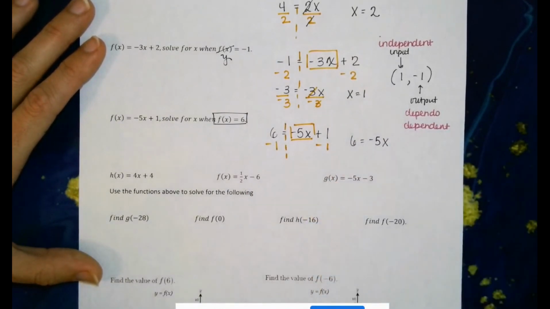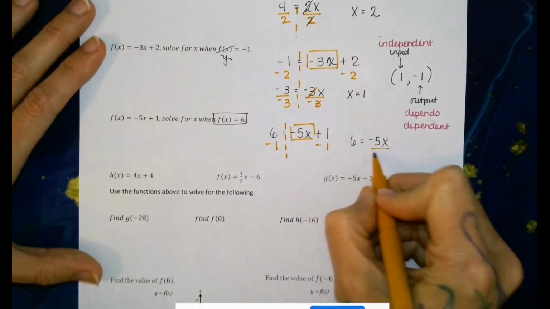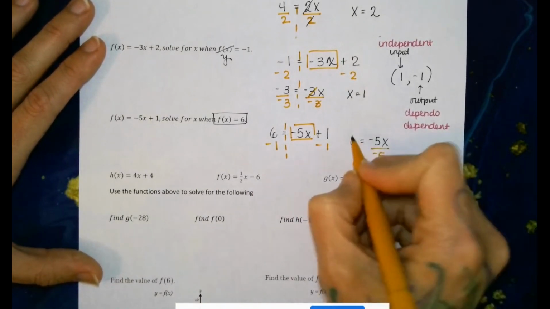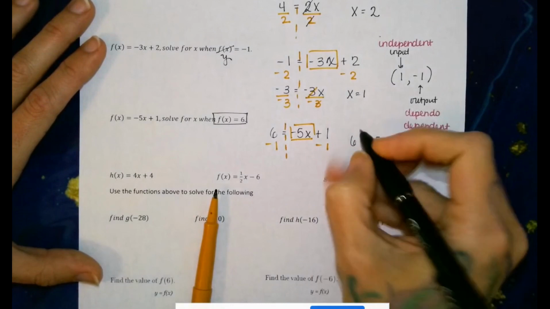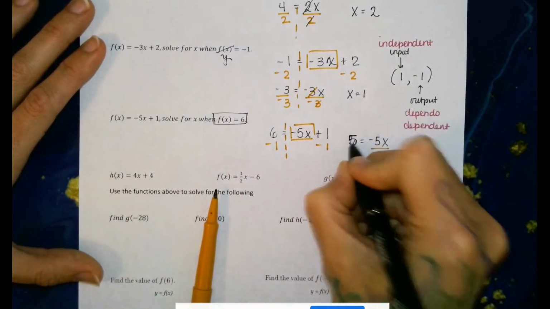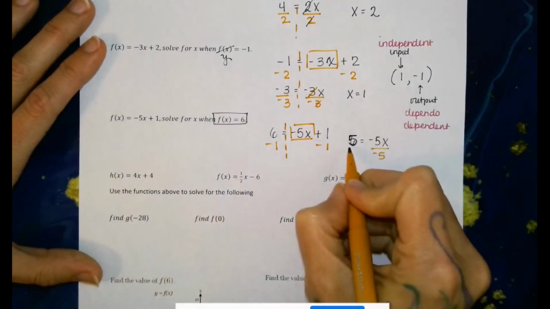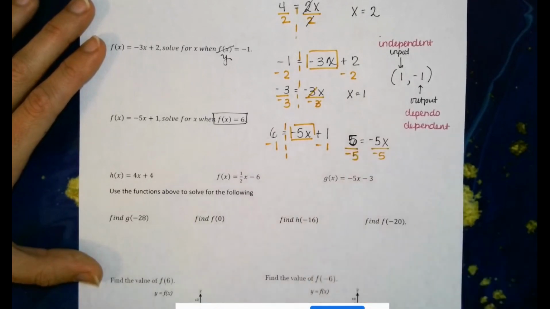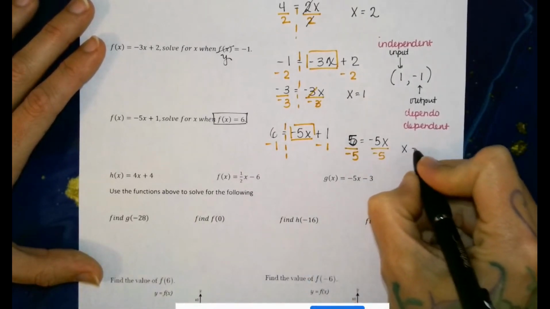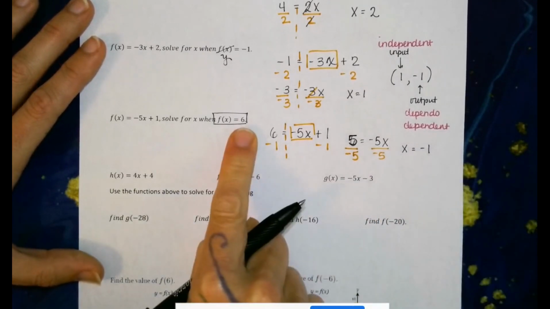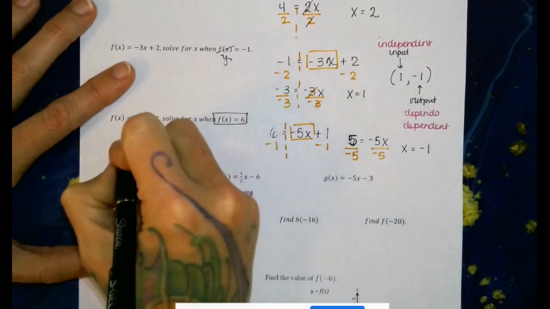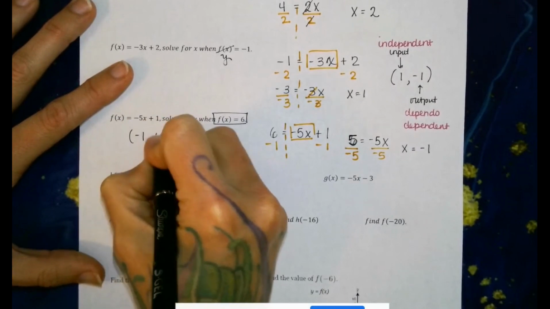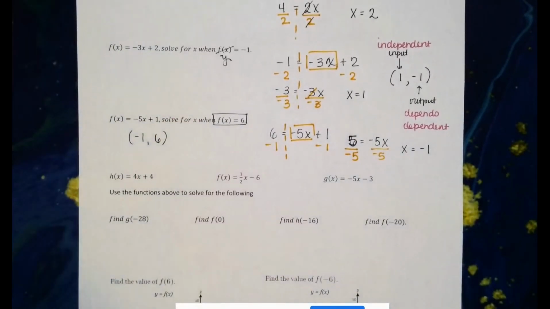That's a negative 5 times x. So we're going to divide by negative 5. Hopefully you're seeing, and this is supposed to be a positive 5. Trying to read the chat box and type in the calculator all at one time. So x will be a negative 1. When y is 6, x is negative 1. Has a coordinate that's negative 1, 6.